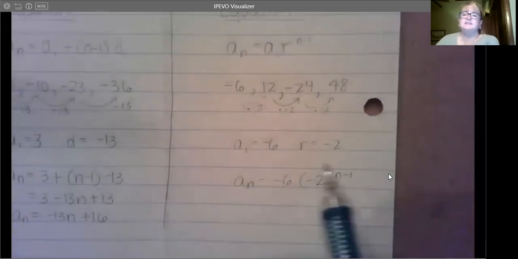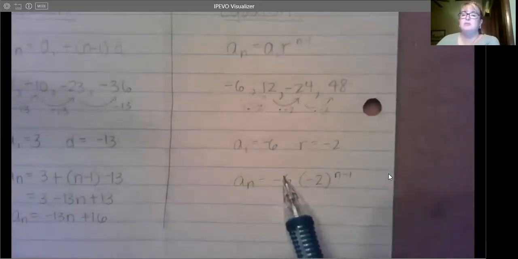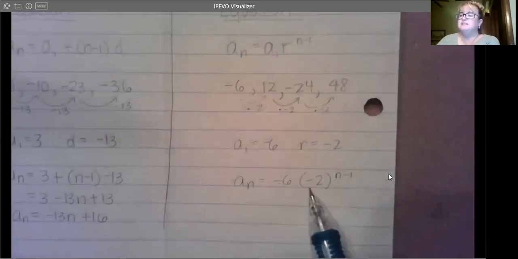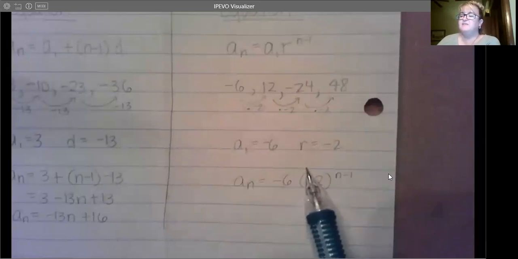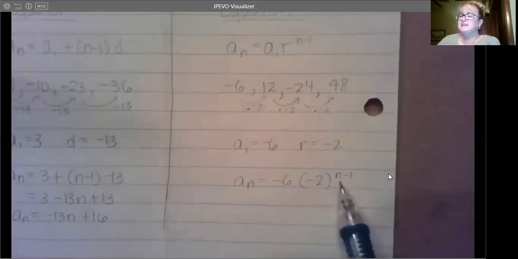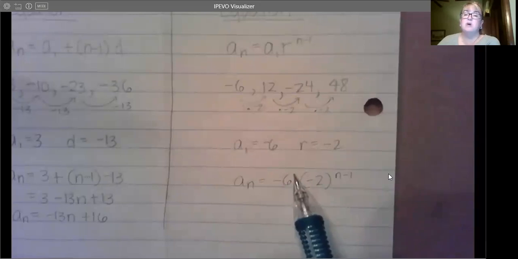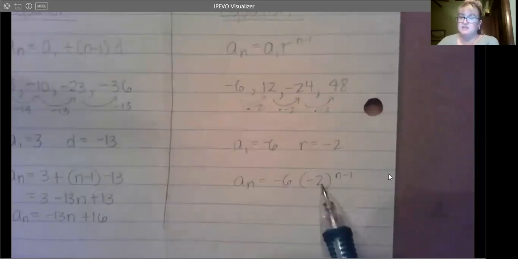Now, this is as simple as it gets. We cannot multiply these two because this is not 2, this is 2 to some power. If this had n to the negative first power, then we could multiply them. But because this has an exponent that is different from this exponent, which is 1, you cannot just multiply them together. So this is in simplest form.